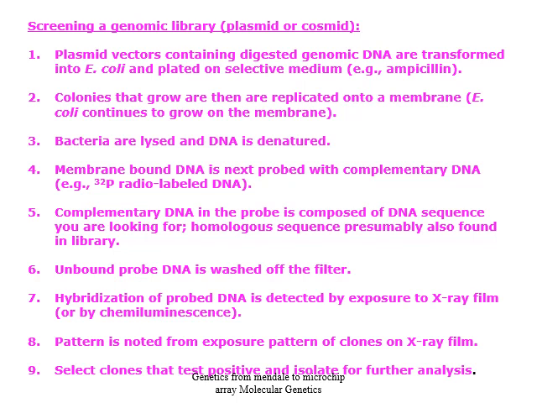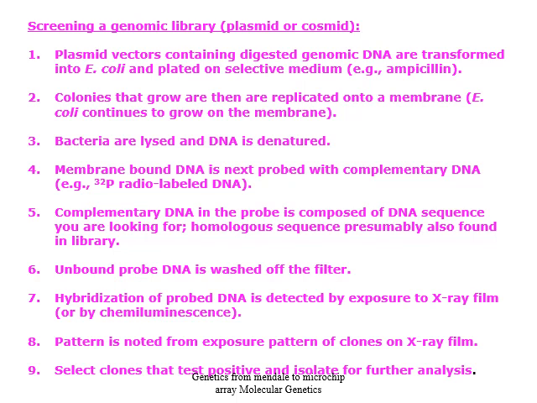Bacteria are lysed and the DNA is denatured. Membrane-bound DNA is next probed with complementary DNA radiolabeled with phosphorus-32. The complementary DNA in the probe is composed of the DNA sequence you are looking for, a homologous sequence presumably also found in the library.